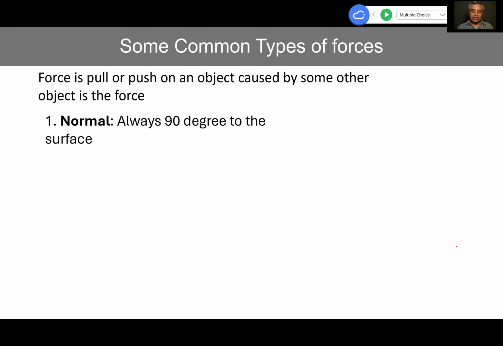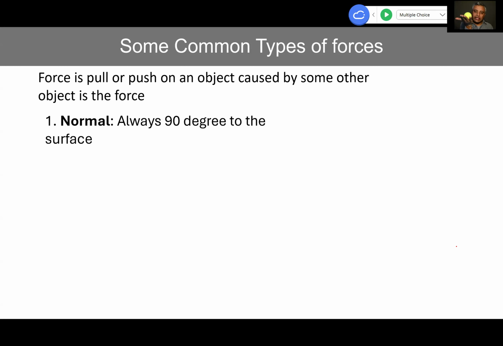If something is sitting on something, for example, this pen here is sitting on my hand, or where did the ball go? Here. So this ball is sitting on my hand. I'm touching it. So it is sitting on what we call some sort of surface.